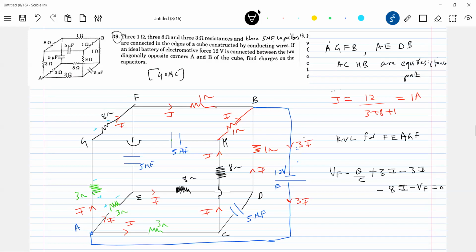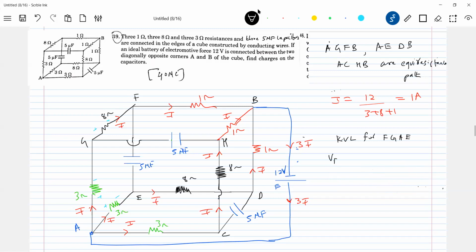Oh, we want VF minus VE, you know. Oh, okay, fine, no problem. We'll get the expression for Q. Just wait. We wanted only the drop, no? It should be FGAE.